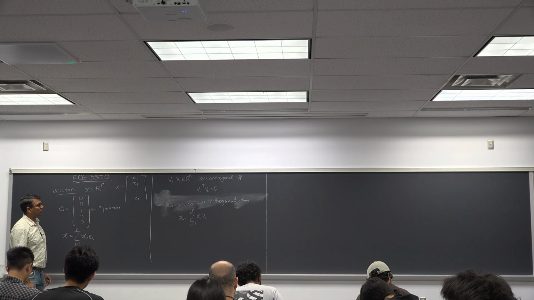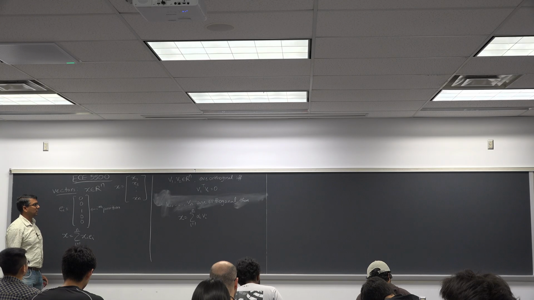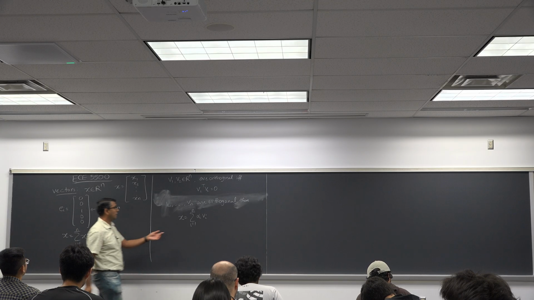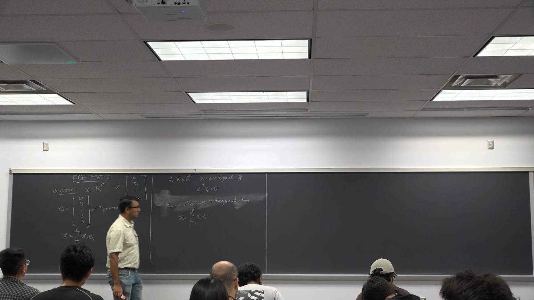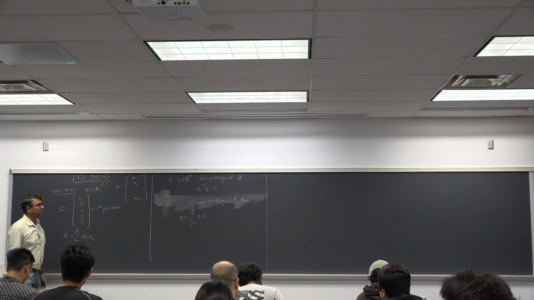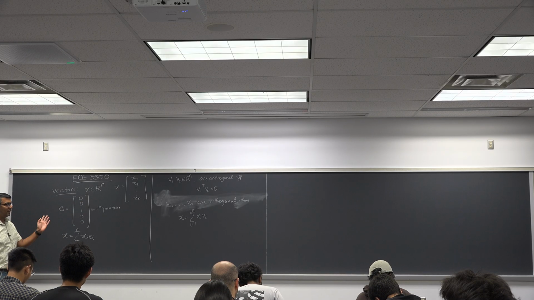So I have a bunch of orthogonal vectors. Then I can write x as a summation of some scalars multiplied by these orthogonal vectors. So what that basically means is the orthogonal vectors would span the entire space Rn.